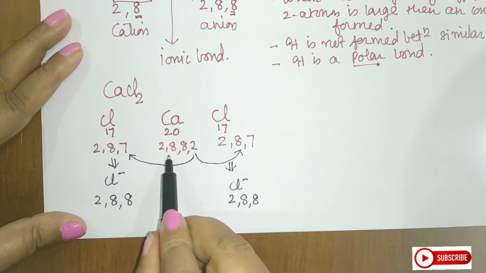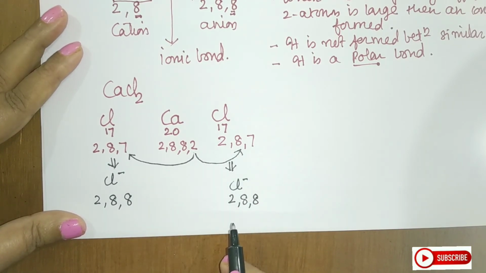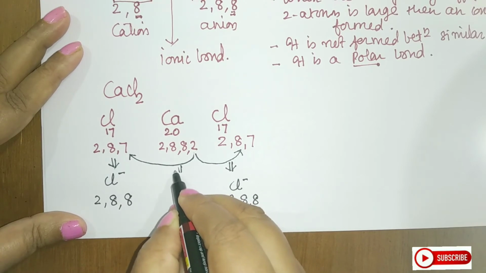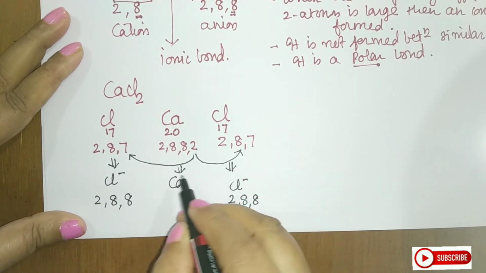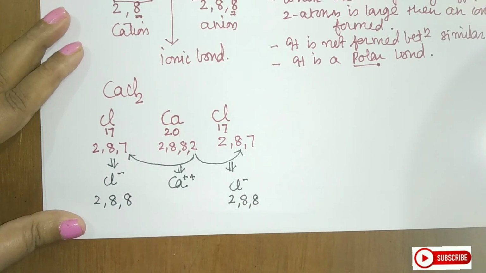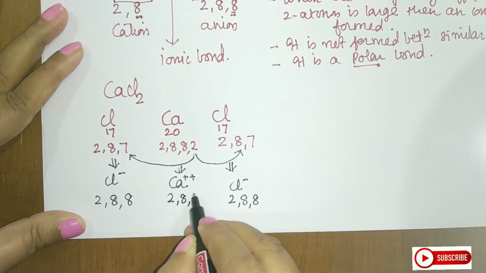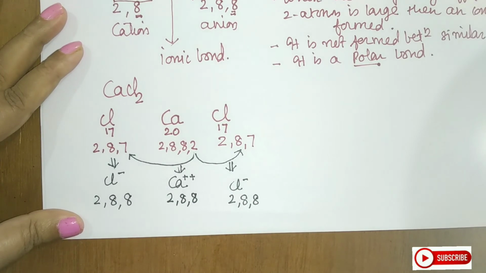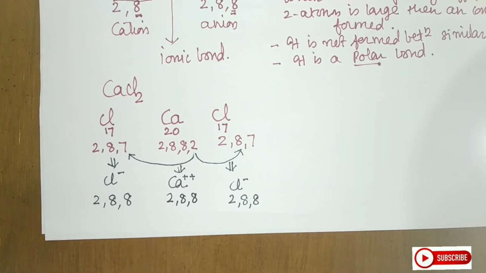Students, now this calcium is giving 2 electrons, meaning it has lost its 2 electrons, and so calcium will become Ca with a 2 positive charge, or you can write 2 plus on calcium. Now what will be the electronic configuration here? This is 2, 8 and 8. So this is how the cations are formed and the anions are formed.